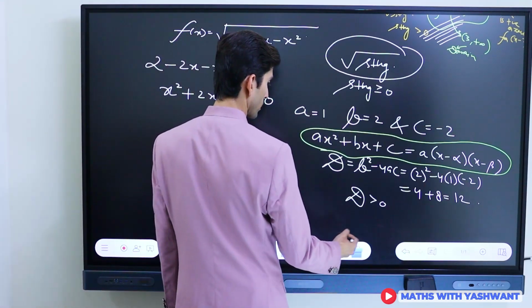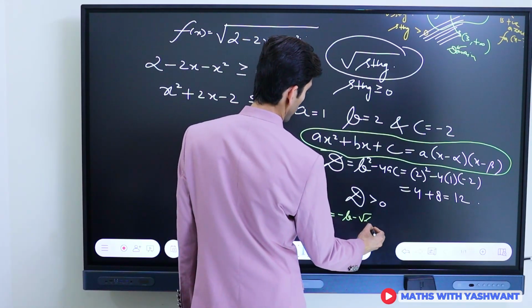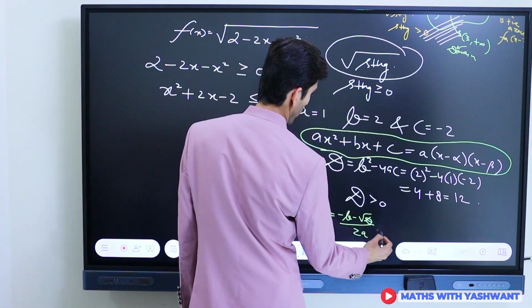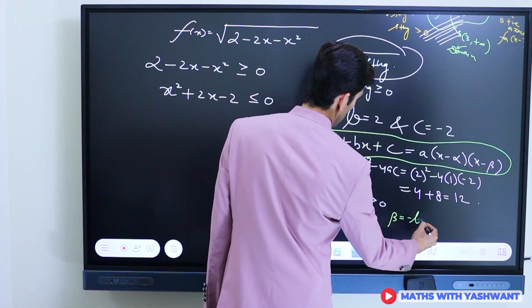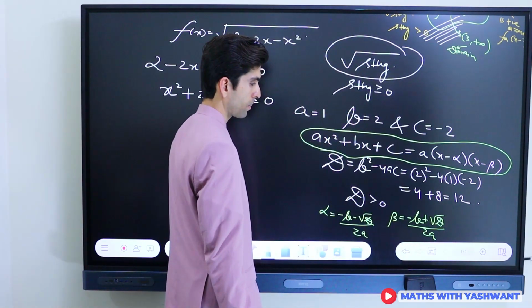The formula is alpha is minus b minus the square root of d upon 2a, and beta is minus b plus the square root of d upon 2a, if alpha is less than beta on the number line.